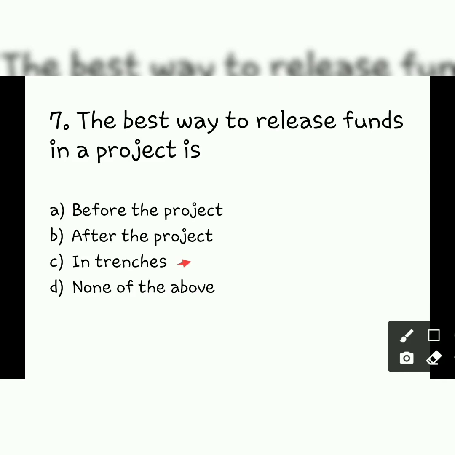In trenches means you will release the funds in phases. So you see, a project goes through 4 phases. So every phase you release some funds for that particular phase. So phase 1, you release funds to cater for phase 1. Then as you move to phase 2, you release another fund for phase 2. So we do that in trenches. So the answer is C.